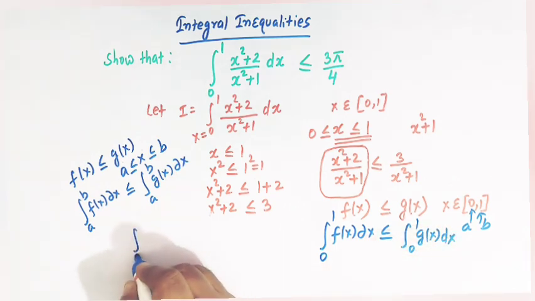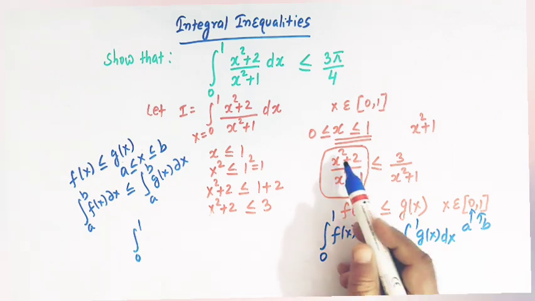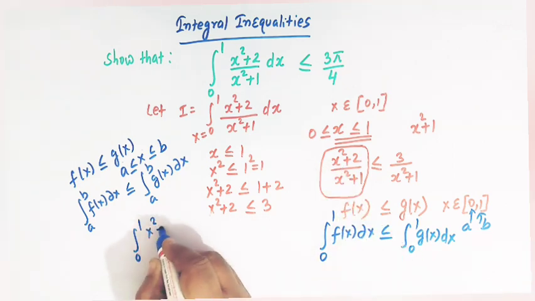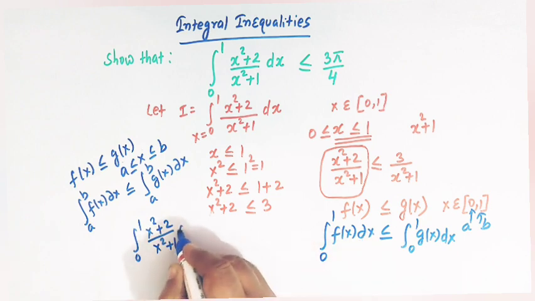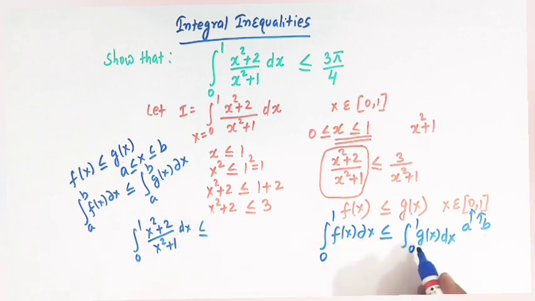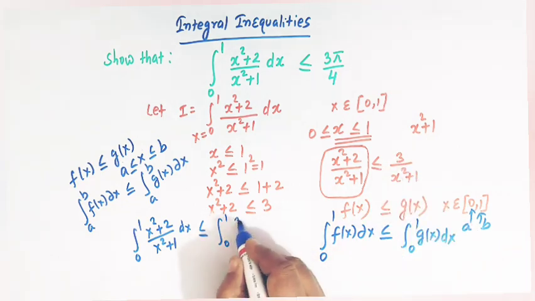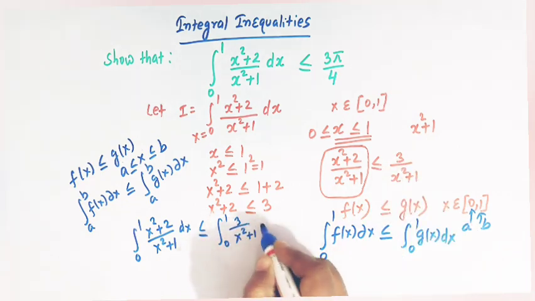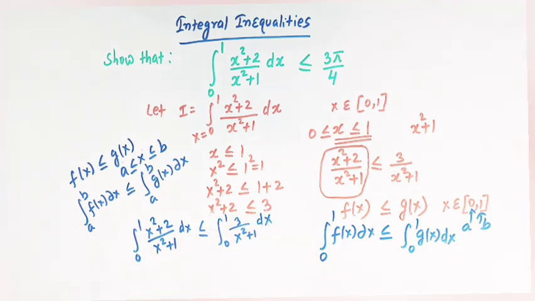We can now write: f(x) is (x² + 2)/(x² + 1) dx, and g(x) is 3/(x² + 1) dx.